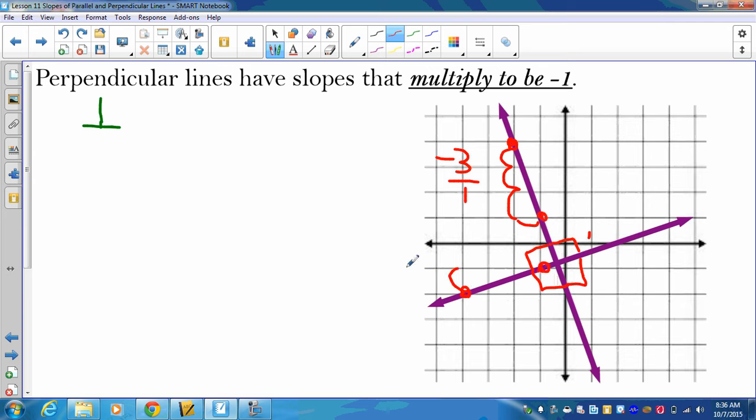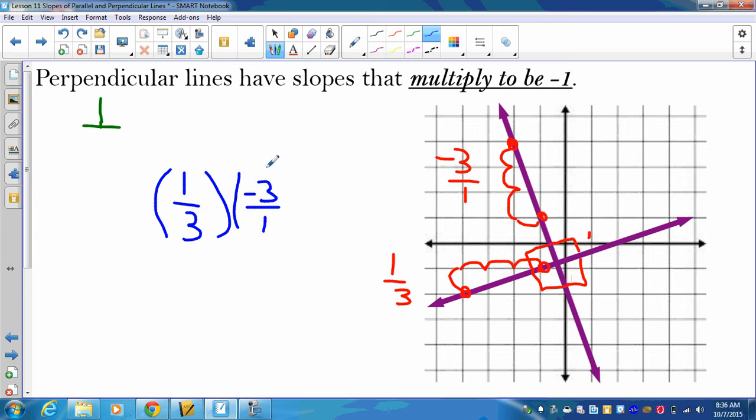I'm going up 1, to the right 3. So I'm going to multiply these two slopes together. 1 over 3 and negative 3 over 1. And if I multiply these together and I get negative 1, then the lines are perpendicular.